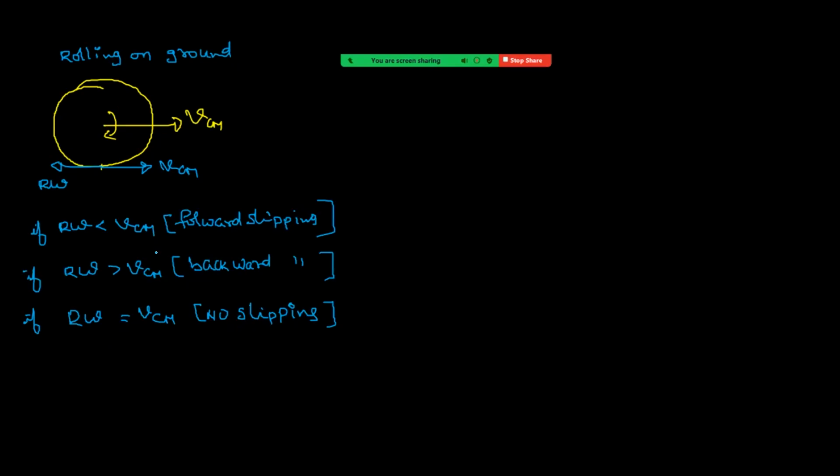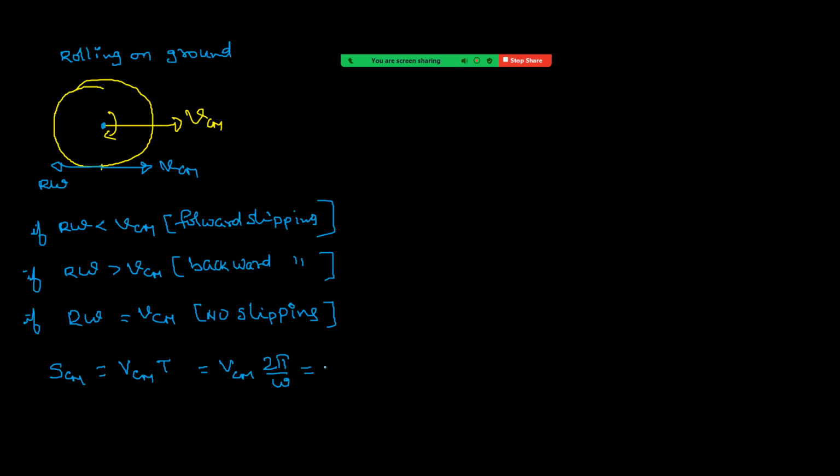Now see in this, the distance moved by center of mass during one rotation. If we consider VCM is constant, then displacement of center of mass is equal to VCM into time taken to complete one rotation. It is equal to VCM into, in the place of t, 2 pi by omega.